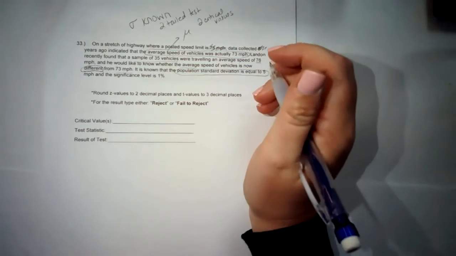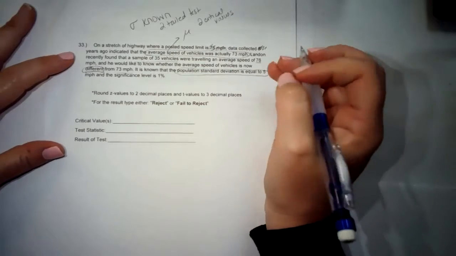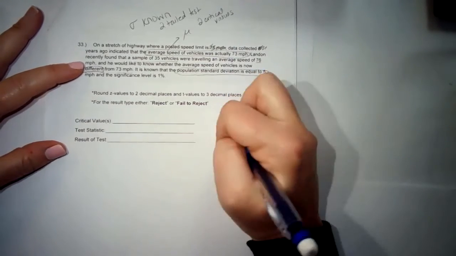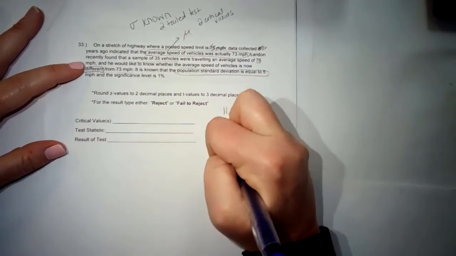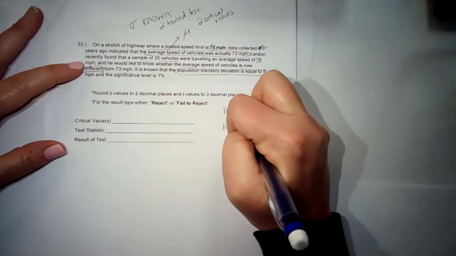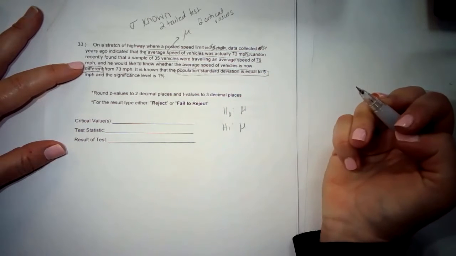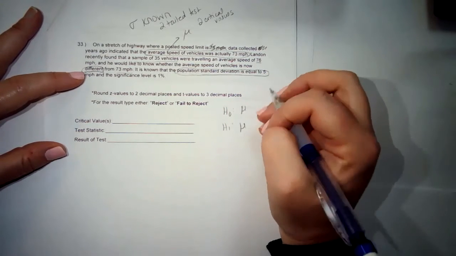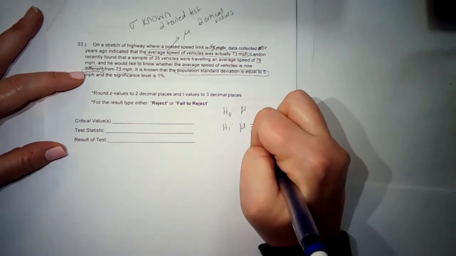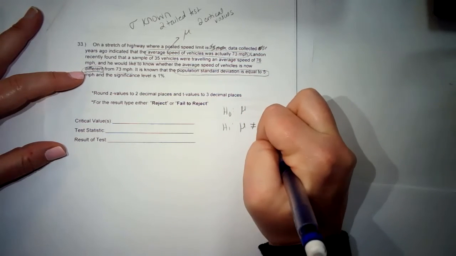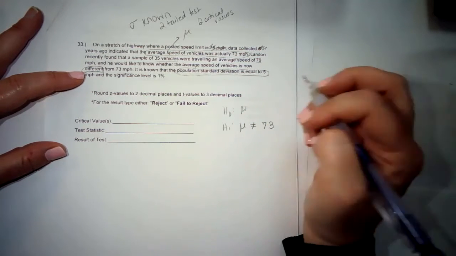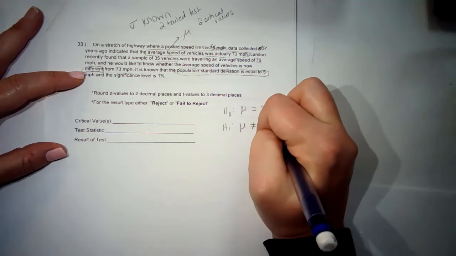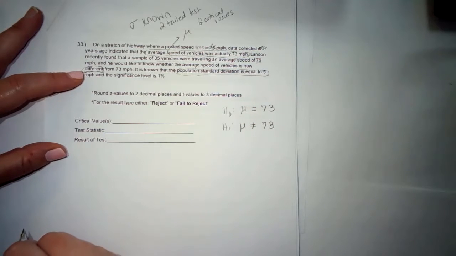All right, so let's go ahead now and name the rest of our information here. Actually, sorry, we could go ahead and do our hypotheses. So we're back to mu, because proportions is the only one that uses P. Landon's looking to see if it's different, so not equal to 73, which means your null is 73.